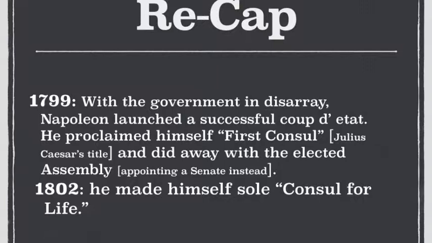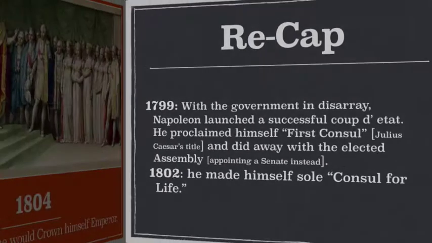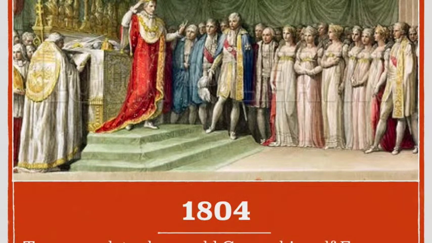He calls himself first consul, just like Julius Caesar did, and then he does away with the elected assembly, appointing a Senate that's really only there for advisory capabilities instead. In 1802, he makes himself sole consul for life. 2 years later, he's going to go ahead and crown himself emperor.